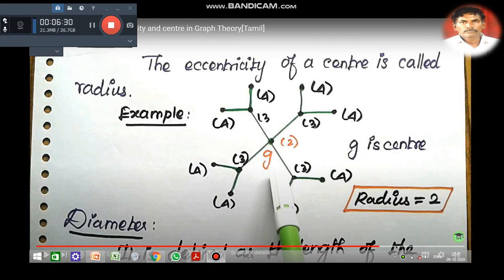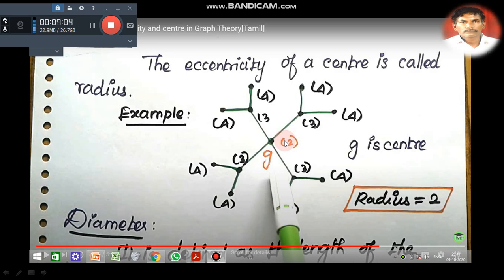Now coming to the radius: the eccentricity of a center is called the radius. Center means a vertex whose eccentricity is minimum in a tree. Now what is its eccentricity? How far is it from the other vertices? That is called the radius of that particular center.